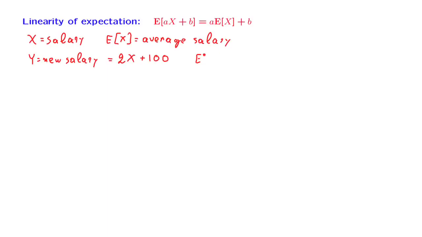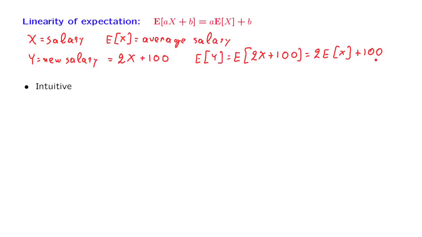Well, the new average salary, which is the expected value of 2x plus 100, is twice the old average plus 100. So, doubling everyone's salary and giving everyone an additional 100 doubles the average and adds 100 to it. This is the linearity property of expectation in one particular example.